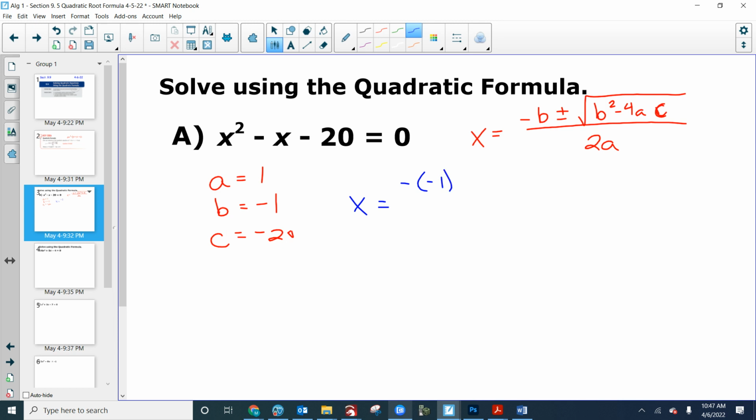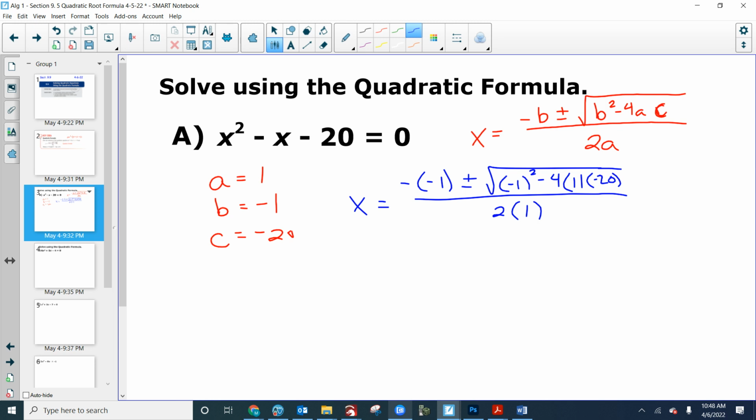If you feel comfortable going straight to +1, I'm okay with that. Plus or minus the square root. What are we squaring? -1 squared, minus 4 times 1 times -20, over 2 times a, which is 1.